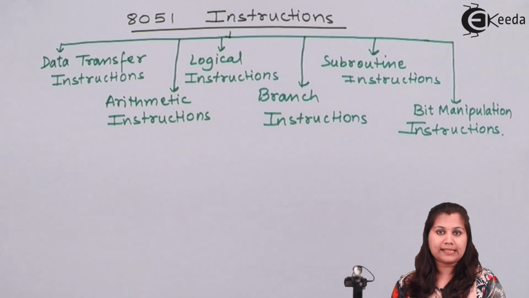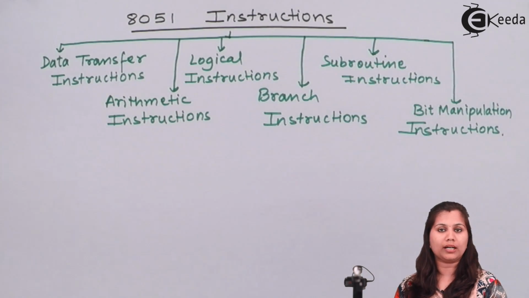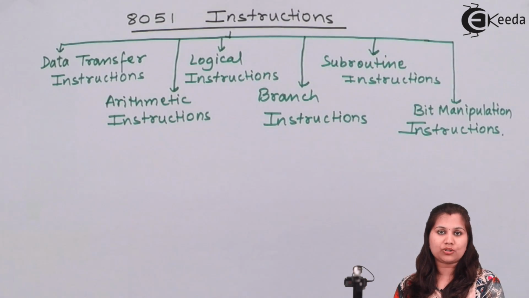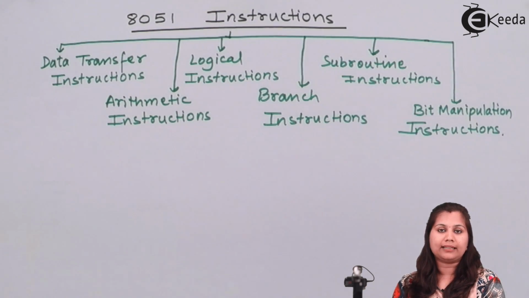As the name suggests, data transfer instructions perform the operation of transferring the data from one location to another location. The location from which the data is transferred is called the source location, and the place where the data is placed is called the destination location.